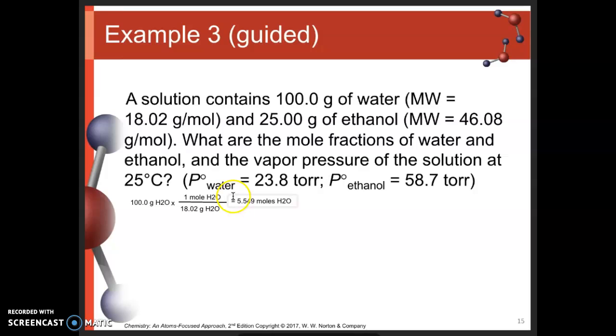And if you watched the previous video, you should know that already because it had the exact same amount of water in that example as well.